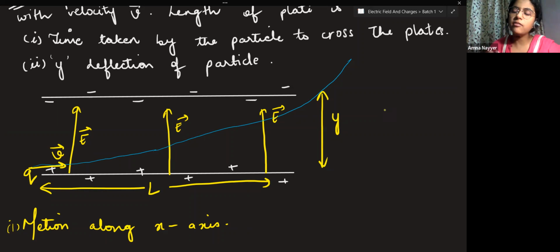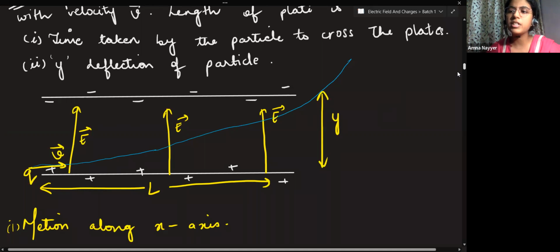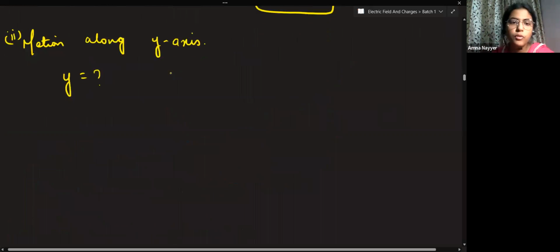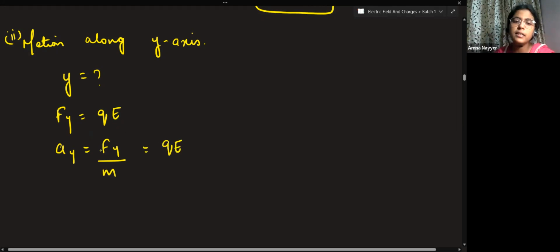Along the y-axis, we have the electric force, which we have studied. If E is the electric field and q is the charge, then the force along the y-axis will be equal to small q multiplied by the electric field. This is Fy we have. So if we have Fy with us, we will be having Ay also. Acceleration will be force divided by the mass. So charge multiplied by electric field gives you the force, divided by mass.